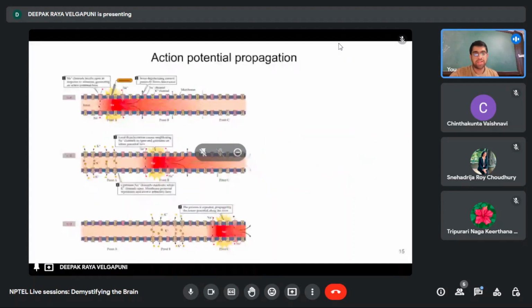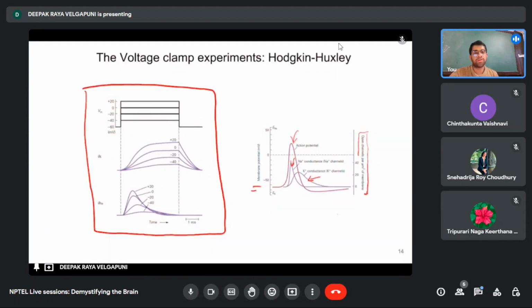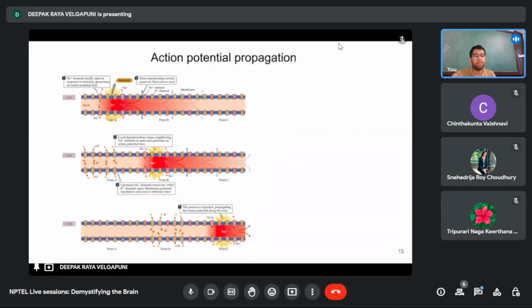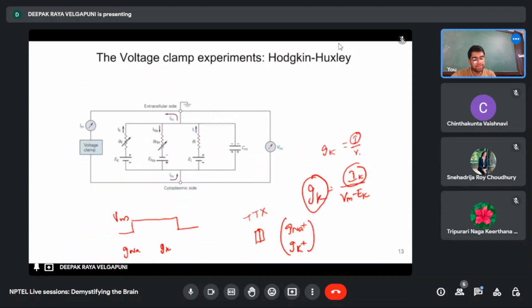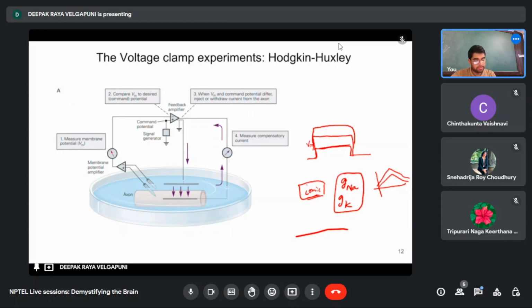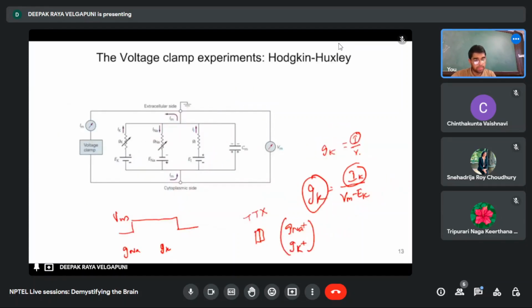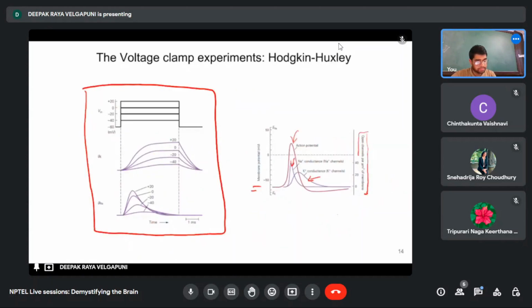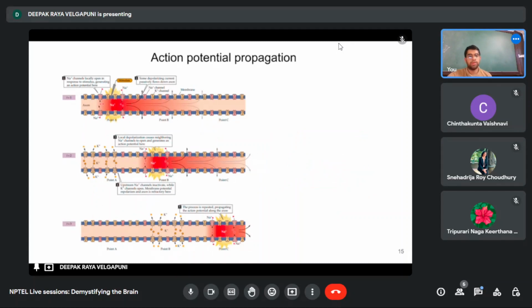Now we have seen the components of the action potential and how it is generated. Let's take action potential propagation. How does action potential propagation take place across the neuron?